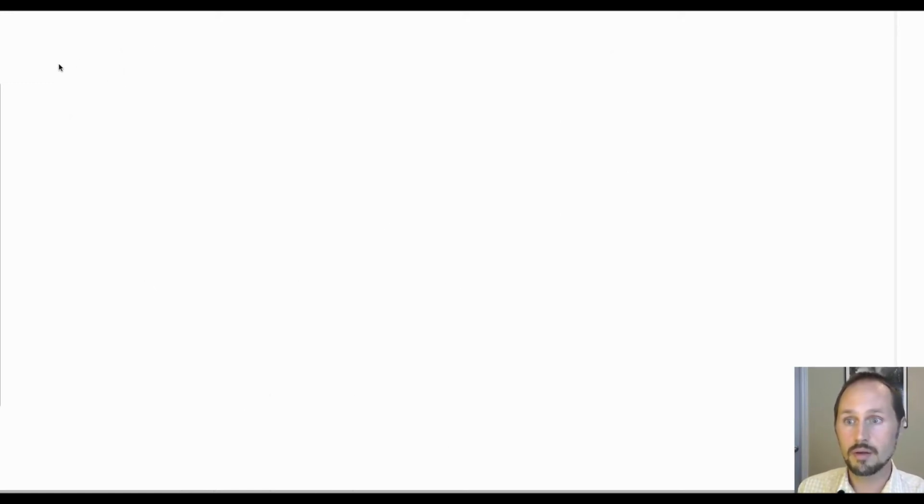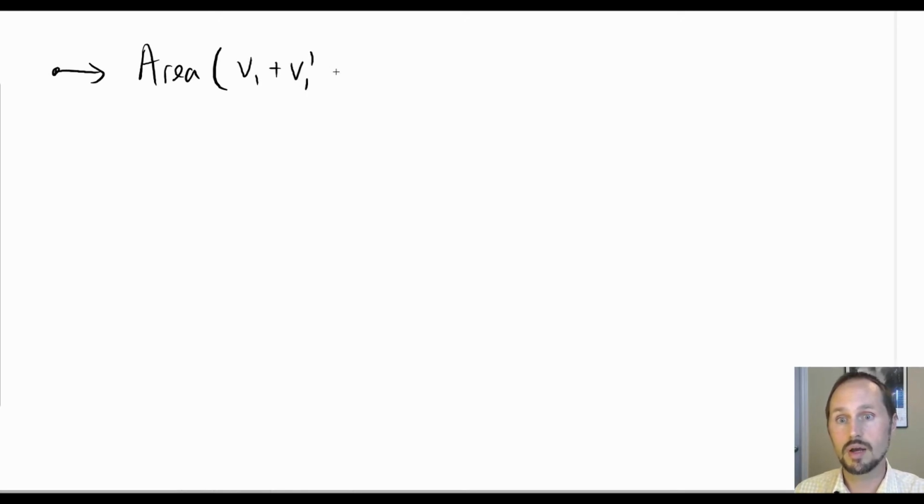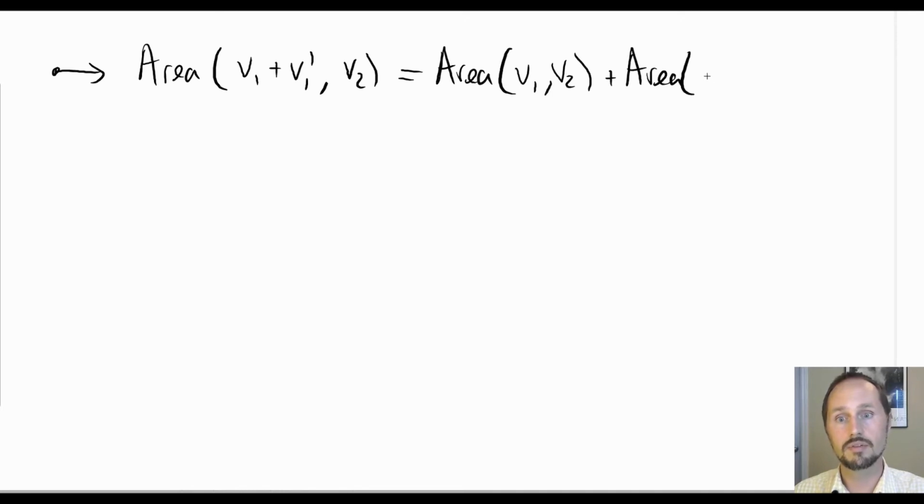Okay, so then the other half of this property is that the area of, let's say, v1 plus v1 prime comma v2 should be equal to the area of v1 comma v2 plus the area of v1 prime comma v2.